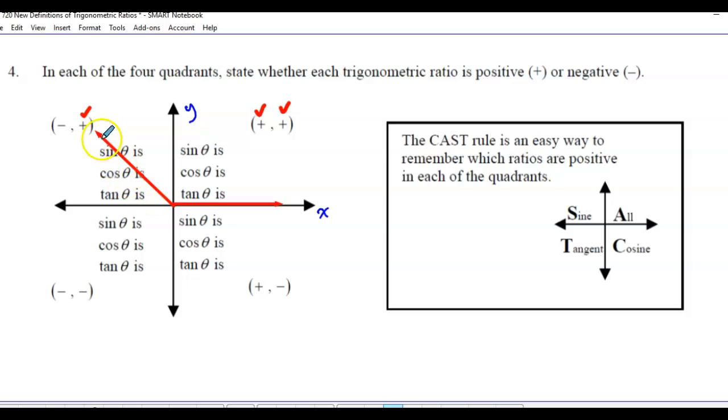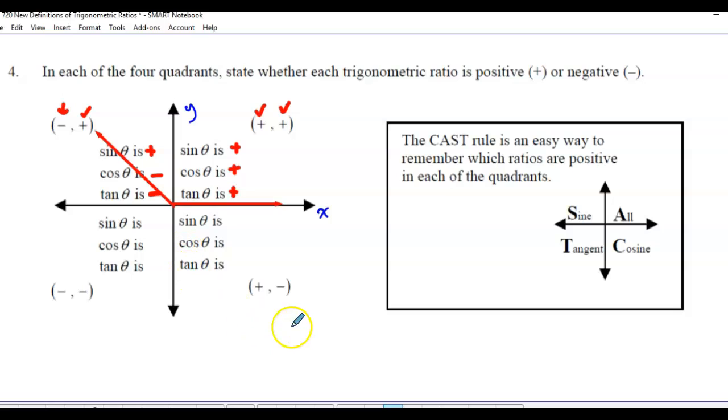Your cosine, well, your x value is negative, so that means cosine is going to be negative. Tan is a positive divided by a negative, so that's a negative.